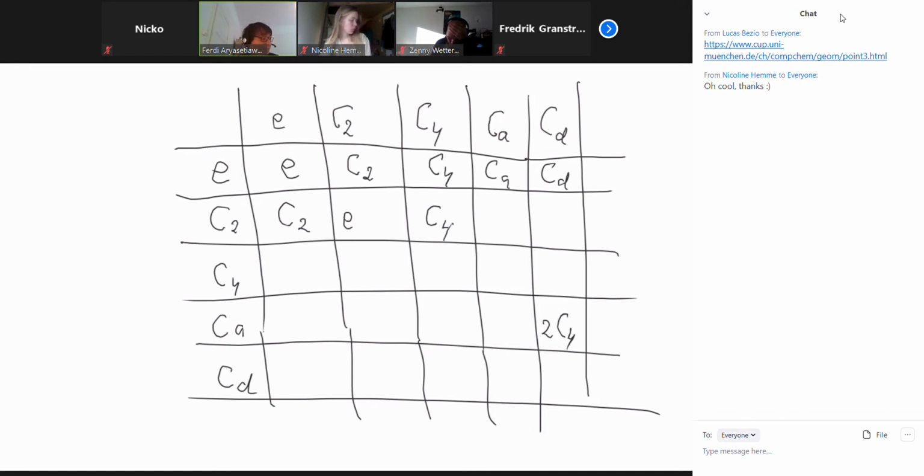So that can also be used to help you construct the character table. It's not used very much though, but it's another piece of information you can use to construct the character table. Yes, that's a good point.